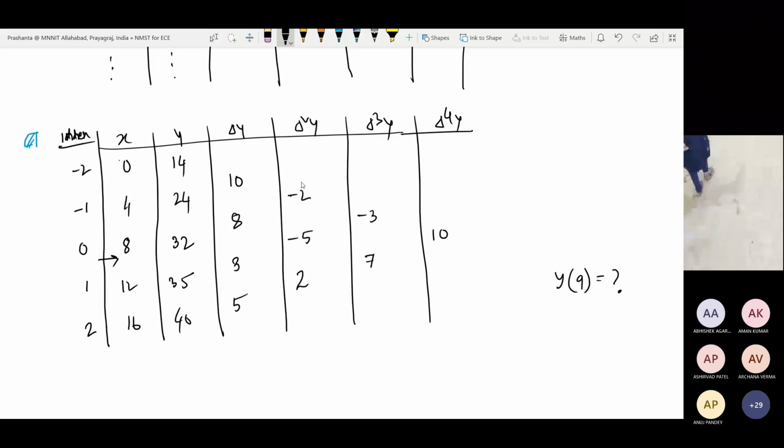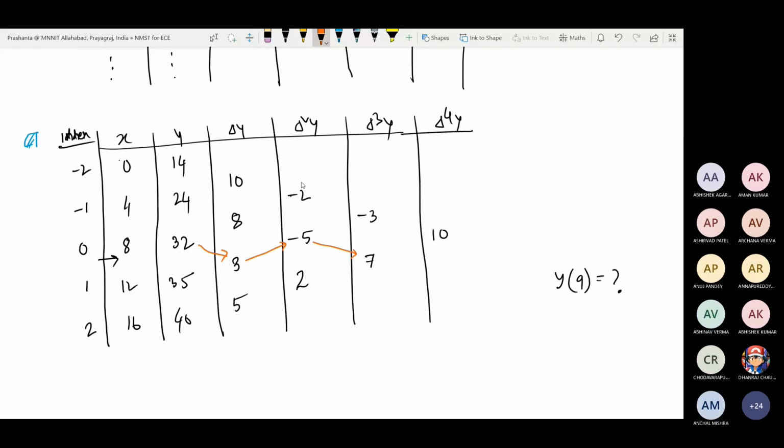Once you have chosen 8 as center, the forward line will start from the y value, 32. So tell me the forward line: 32 to 3, 3 to -5, -5 to 7, 7 to 10. This is the forward line.